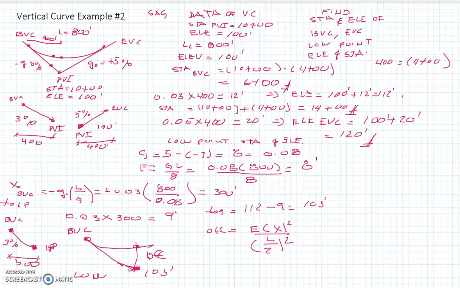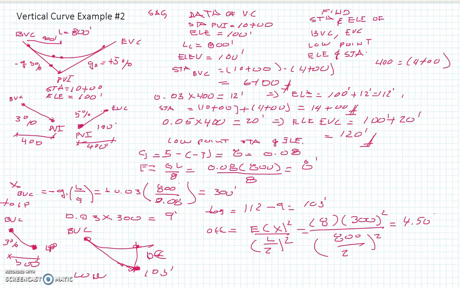So E times X squared divided by L over 2, all squared. Now I can find my offset. My offset is E, which is 8, multiplied by X, which is 300, squared, divided by 800 divided by 2, squared. And all of this is equal to 4.5 feet.